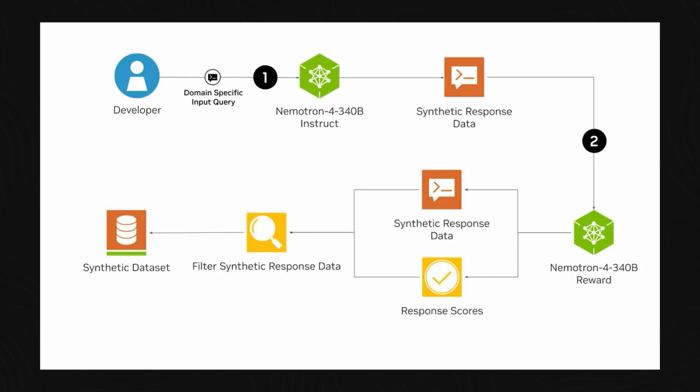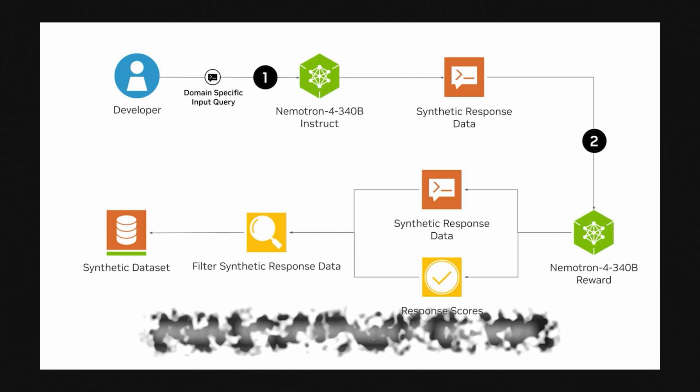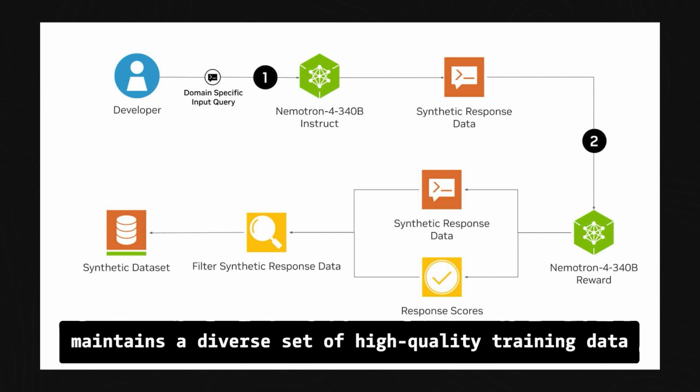For instance, the reward model used here, Nemotron 340B reward, shows higher accuracy in evaluating responses in complex scenarios, such as distinguishing between nuanced and straightforward answers to technical questions. This approach not only ensures the correctness of responses, but also maintains a diverse set of high-quality training data, enriching the model's ability to handle a variety of queries and instructions.